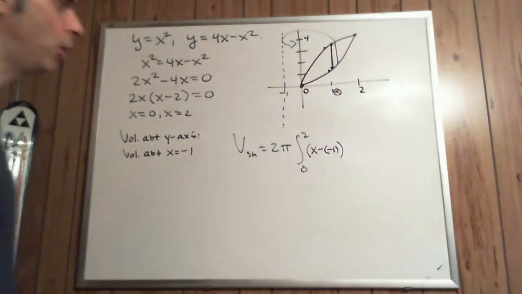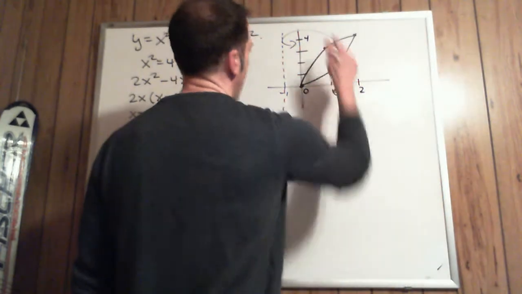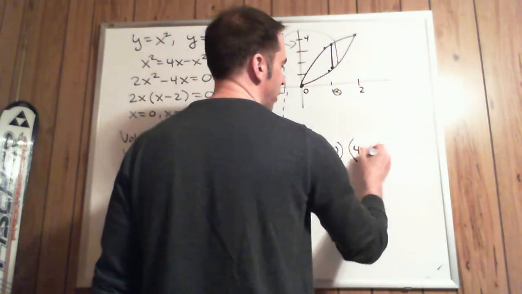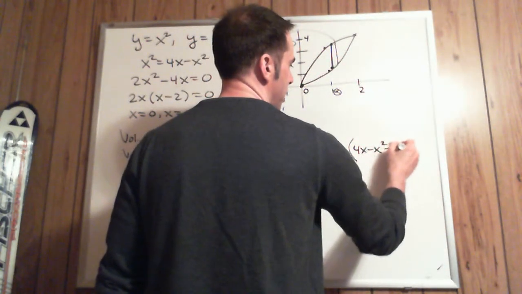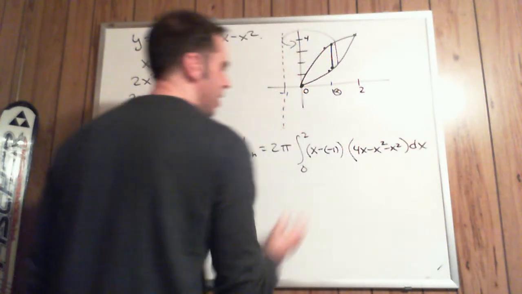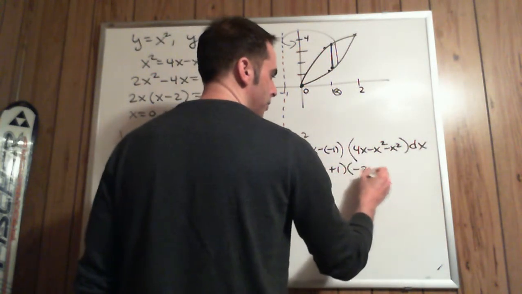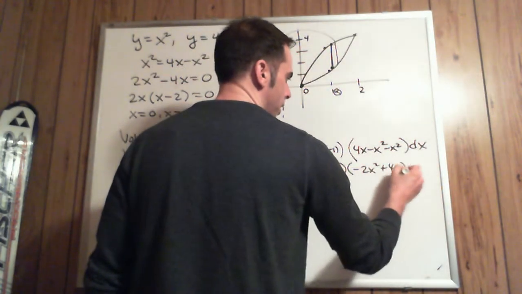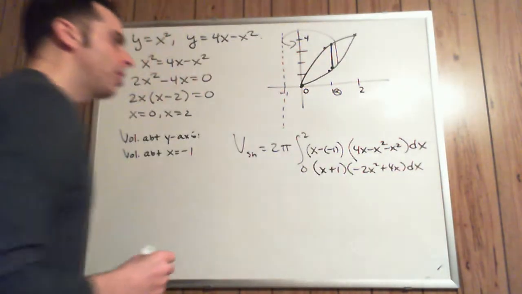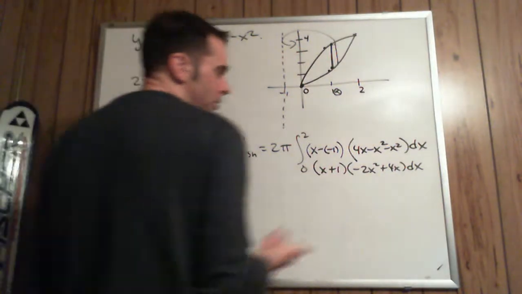X minus a negative 1. The height won't change. The height is still top minus bottom, 4x minus x squared dx. And of course, you have to clean this up to be x plus 1 times negative 2x squared plus 4x dx. And the only way we can handle this is just to FOIL that out.